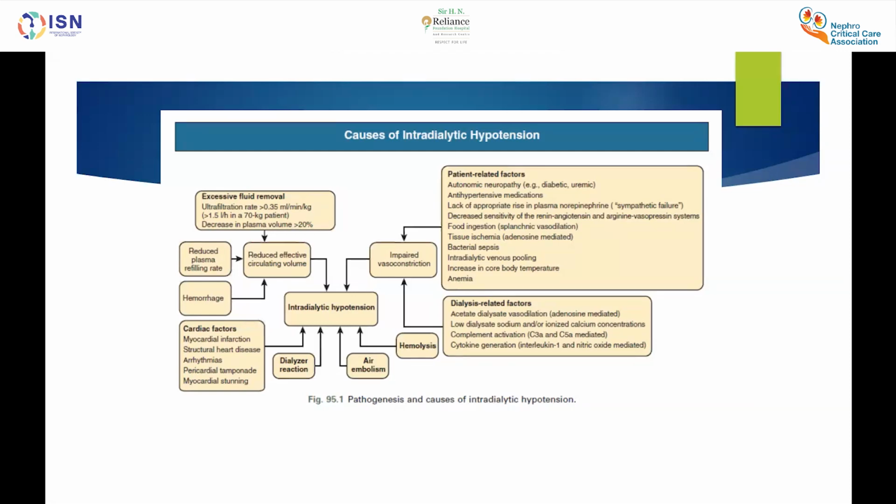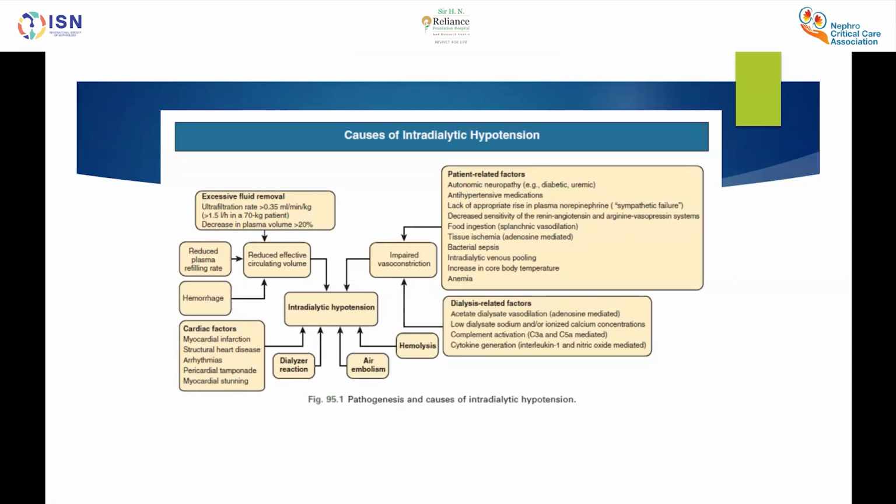That could be because of excessive fluid removal, reduced plasma refilling rate, or hemorrhage. There can be a few cardiac factors like MI, arrhythmias, structural heart disease, pericardial tamponade, or myocardial stunning, which could contribute towards this hypotension. Impaired vasoconstriction could be because of patient-related factors or dialysis-related factors.